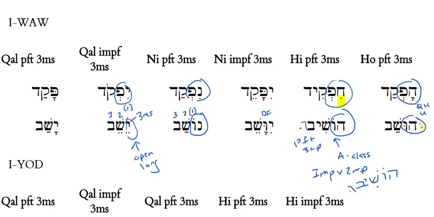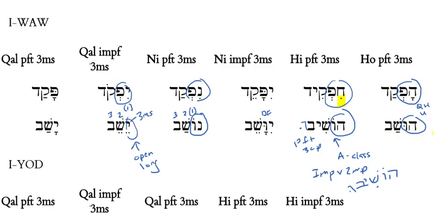The front part of this is open, and I've got a shurik where that vav is a mater. So my one vav shows up in these places as a mater, either a holem vav or, with the hofal, I need a U-class vowel with that hey, just like I had a U-class vowel here, and it's a shurik. The back part is normal, follows the strong pattern. I have A-class vowels for my theme vowel, so hushav.